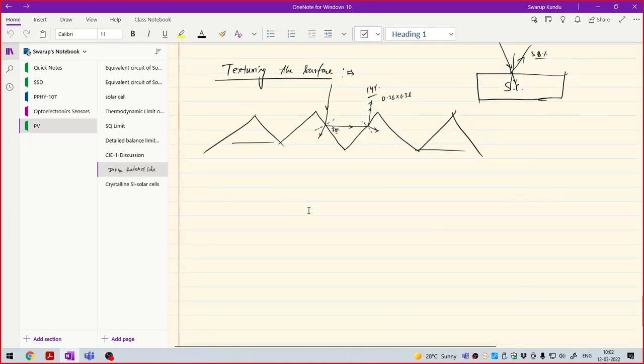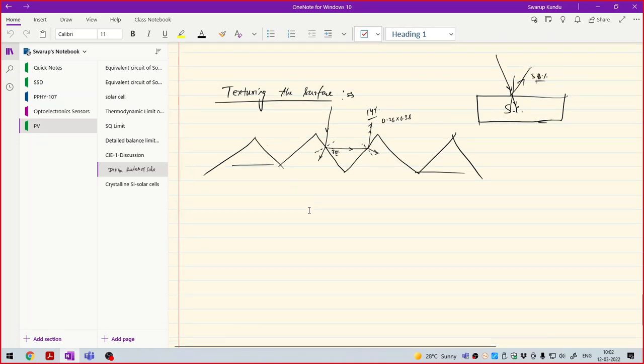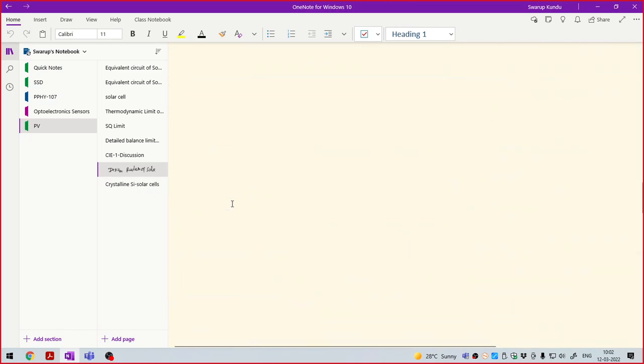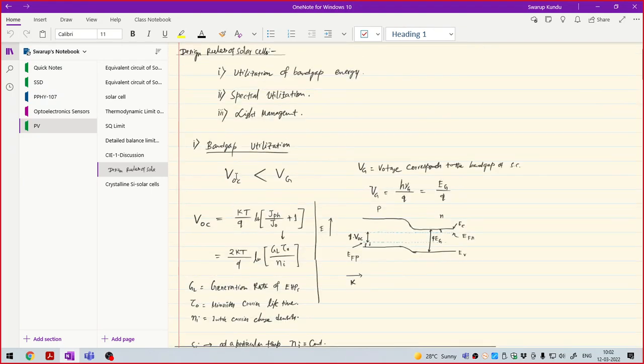Now we'll see, for the most popular solar cell, the crystalline silicon solar cell, how you design and maintain all these rules. So that we'll see today.